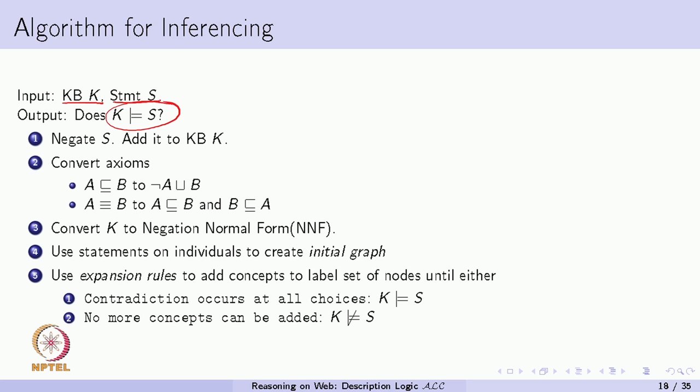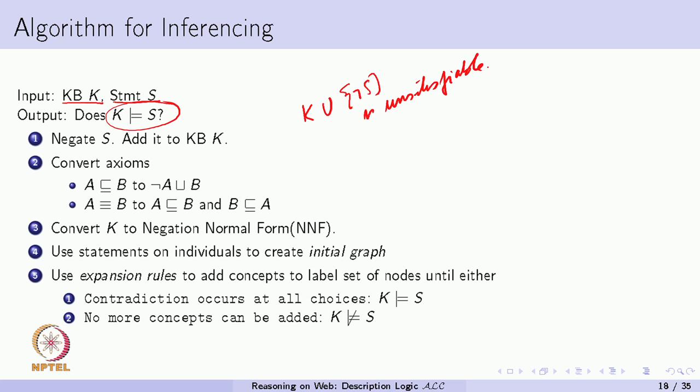Like we did in the case of the resolution method, we will end up showing that K union negation of S is unsatisfiable. So, that is the basic high level algorithm.